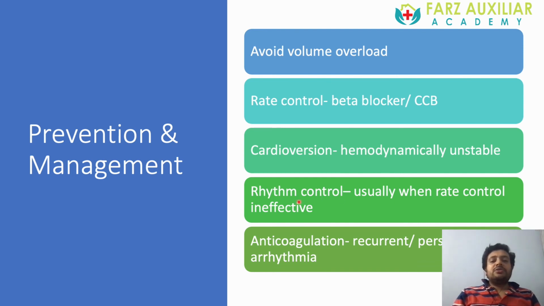Rhythm control is usually not a preferred modality of arrhythmia management, particularly atrial arrhythmia management, until and unless the rate control is ineffective. Anticoagulation is required, particularly in cases of recurrent or persistent atrial arrhythmias like atrial fibrillation or atrial flutter, but surgical bleeding risks have to be taken care of when anticoagulation is started.